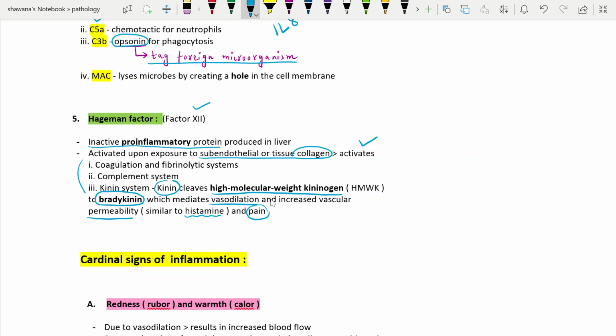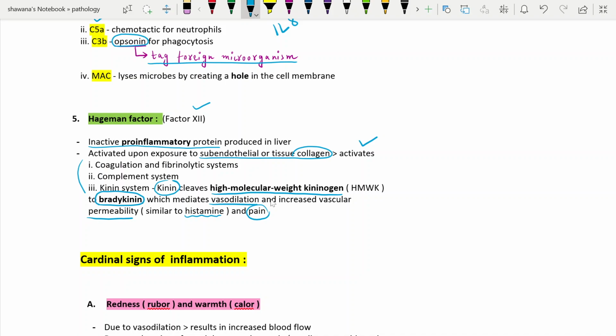Let's discuss the cardinal signs of inflammation, last but not least. They show us that inflammation is going on. First is redness and warmth. Redness is called rubor in Latin, warmth is calor. Why do redness and warmth occur at the place of inflammation?